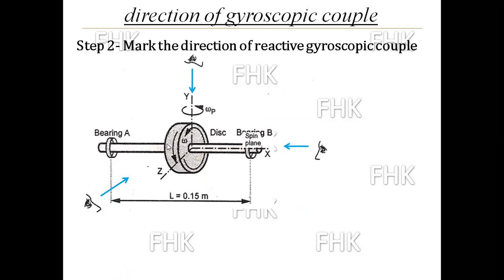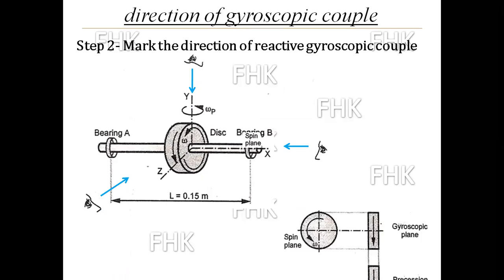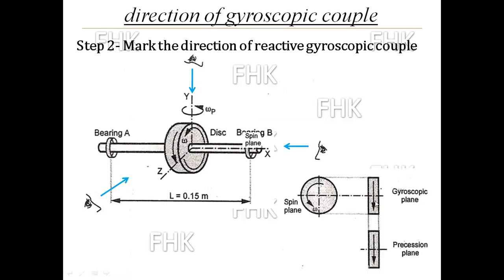This will be the front view, the side view, and the top view. In the first step you draw three views of the rotor in which you can see the spin, precession, and gyroscopic couple.